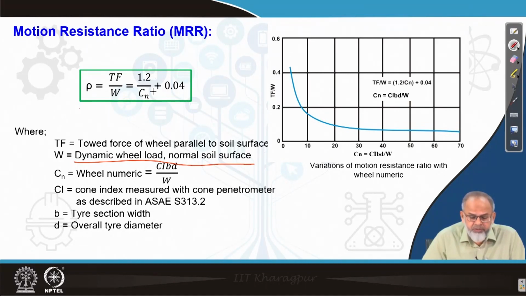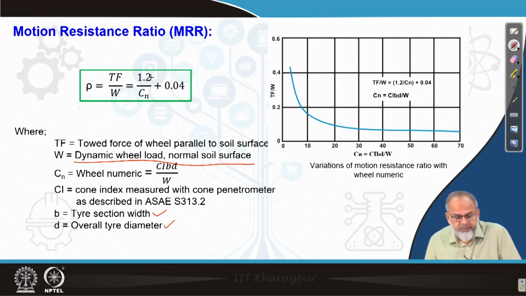Cn is CIBD by W, and CI is to be measured following the procedure given in the American Society of Agricultural and Biological Engineers standard 313.2. We have to measure the tire section width and the overall diameter. Then only you can find out the value of the motion resistance ratio.